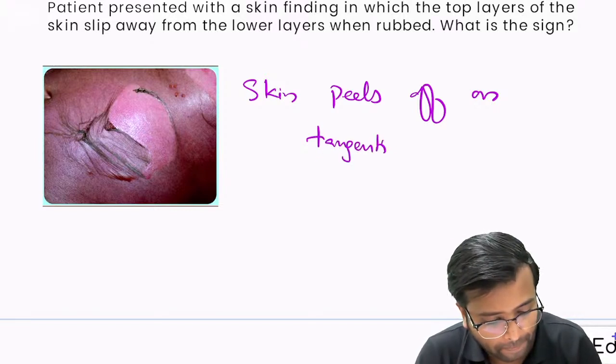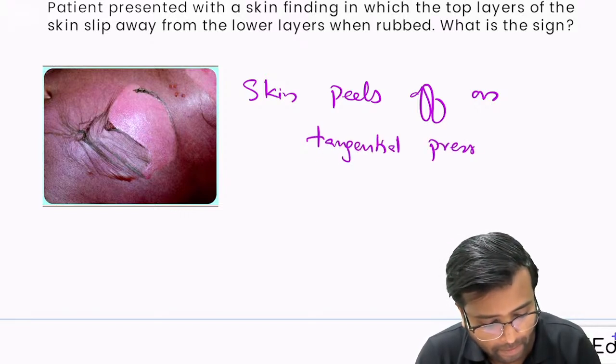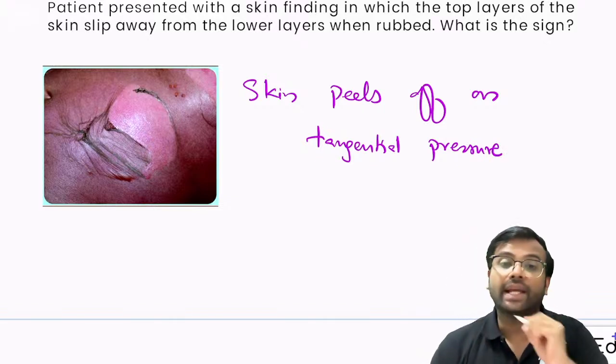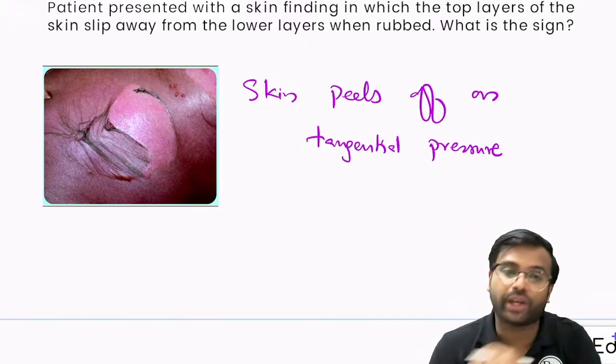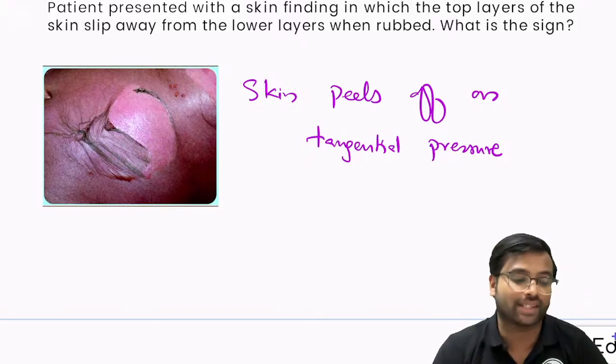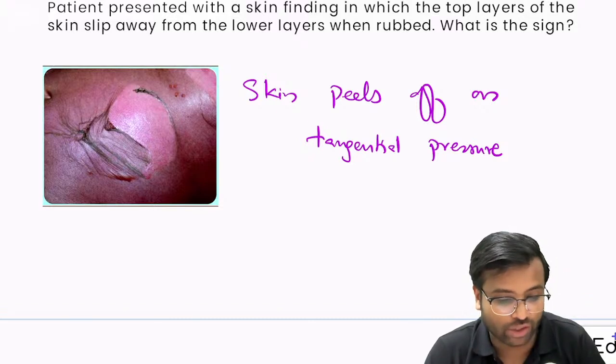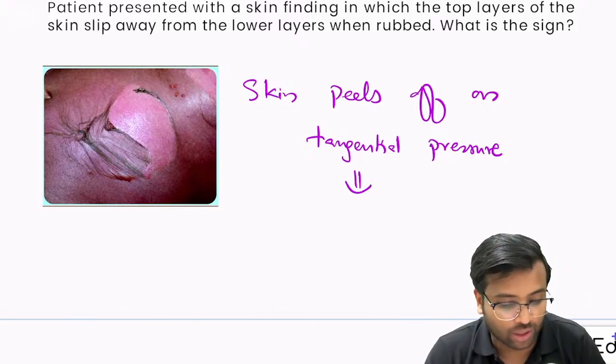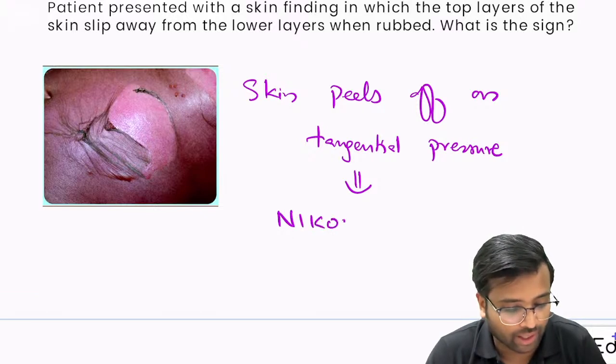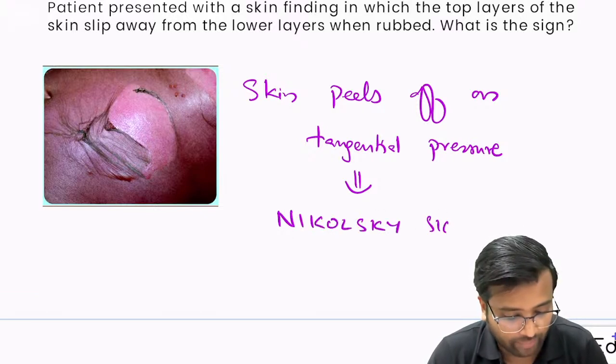Skin peels off on tangential pressure. Very good, Kalai. This is the right answer. So this one is called as Nikolsky sign. Okay, this is called as Nikolsky sign.